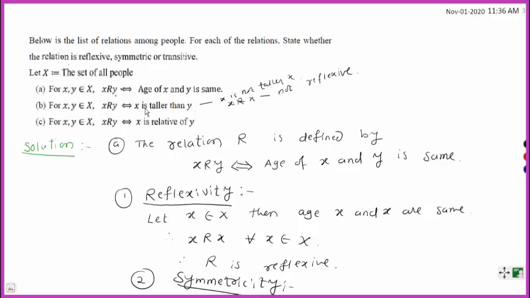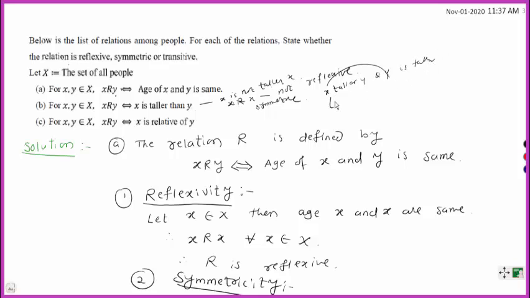Similarly, if x is R related to y, x is taller than y, that does not imply that y is taller than x. Therefore, if x is taller than y, then y is not taller than x. y is shorter than x. Therefore, this is not symmetric also. Similarly, if x is taller than y and y is taller than z, then x is taller than z.